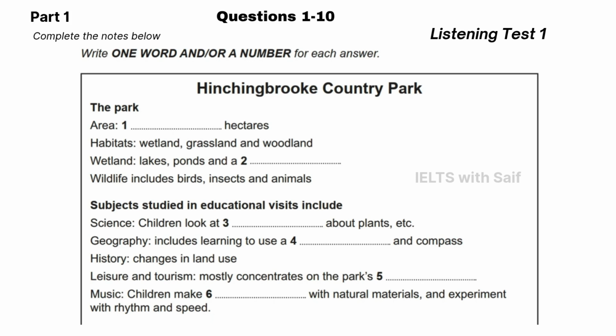They also collect and analyse data about the things they see. Another focus is on geography. The park is a great environment to learn and practice reading a map and using a compass to navigate around the park. Do you do anything connected with history?